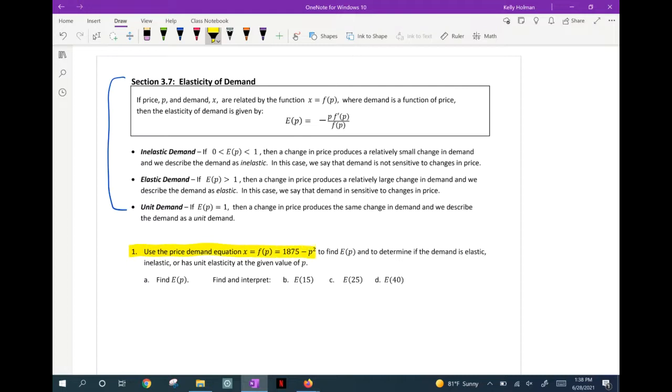So number 1, we're given this price-demand equation. Remember, before you ever look at an equation, you've got to slow your brain down and think about inputs and outputs. The way this function is written, we input price. That means price is your input variable.